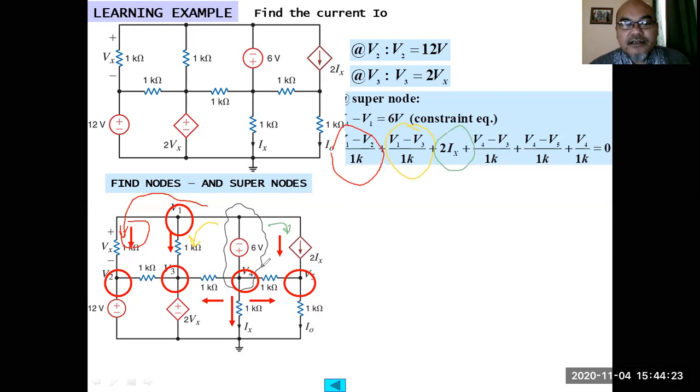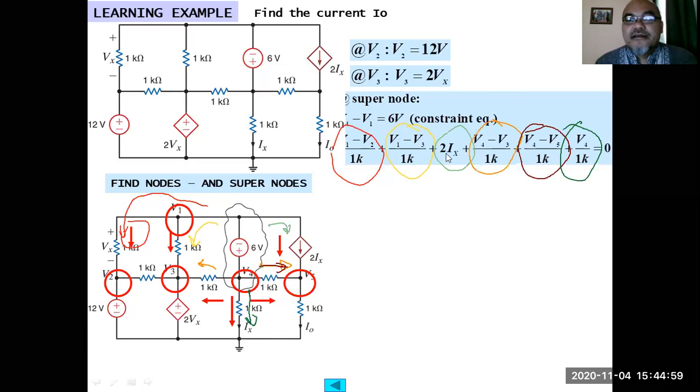Then we have this current also. The current flowing here is V4 minus V3, sorry, this current first, V4 minus V3 divided by 1K. And then V4 minus V5, this one, divided by 1K. And finally, the last one is this current, V4 minus 0 divided by 1K.